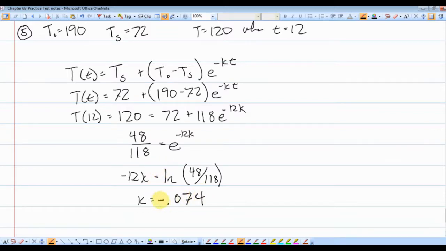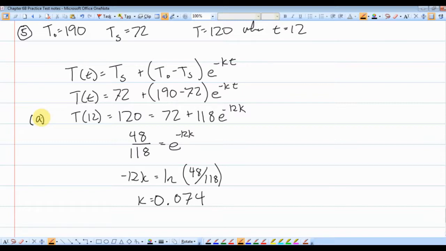It's positive. You're right. 0.074. Okay, that's our value of K.